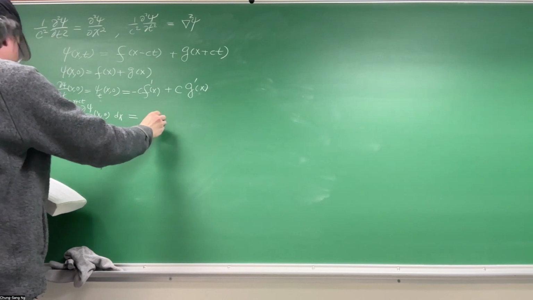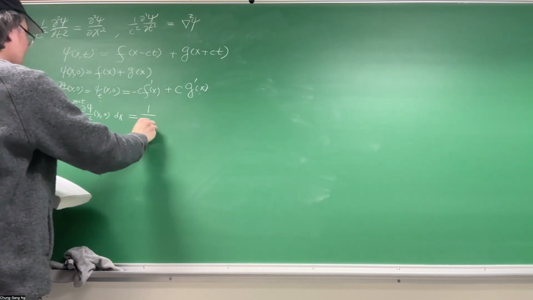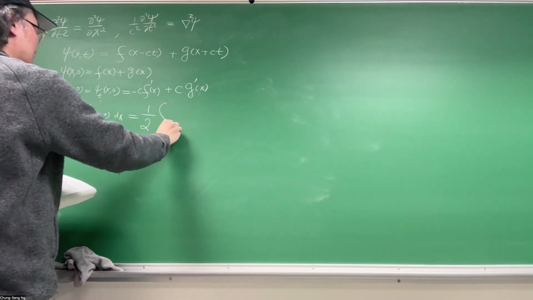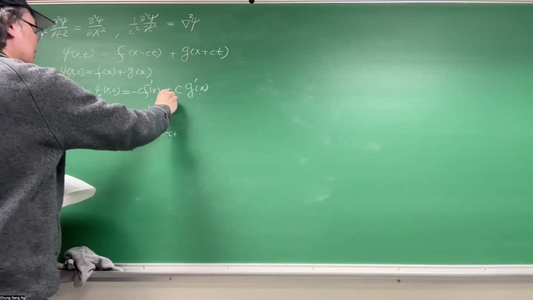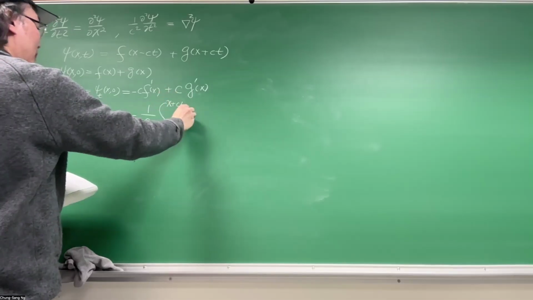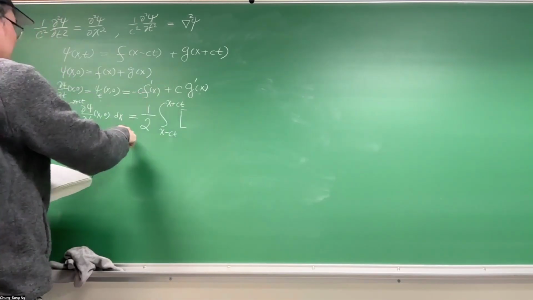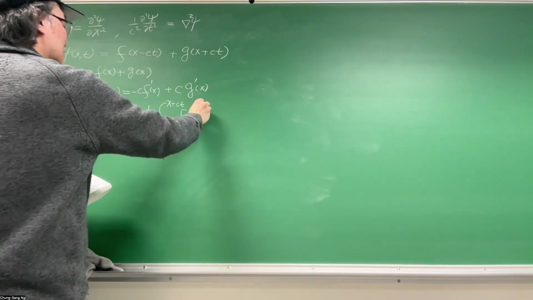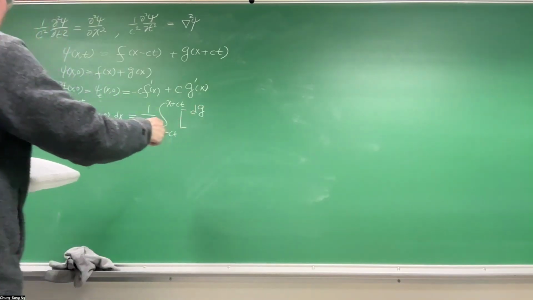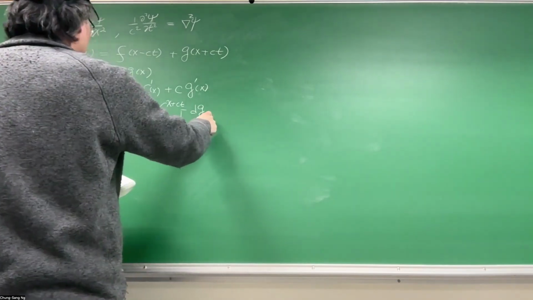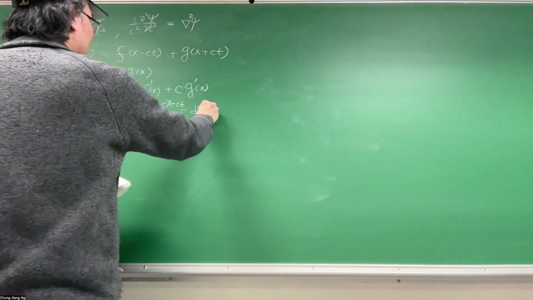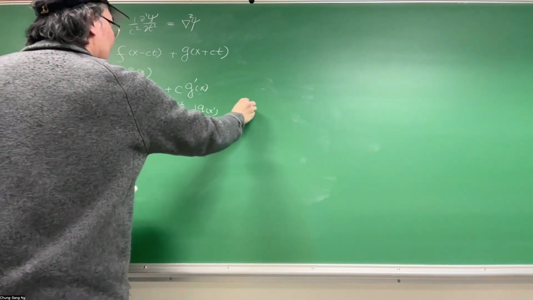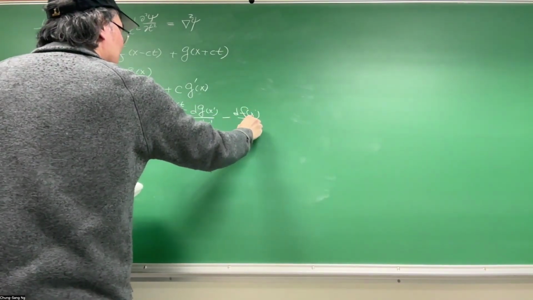Right? And then 1 over c2, and substitute this into here. X minus ct, x plus ct. And you cancel the c, you have g, so basically whatever that function is, dg x prime, and then minus df x prime, dx prime.